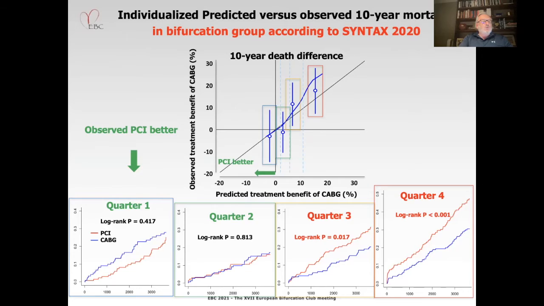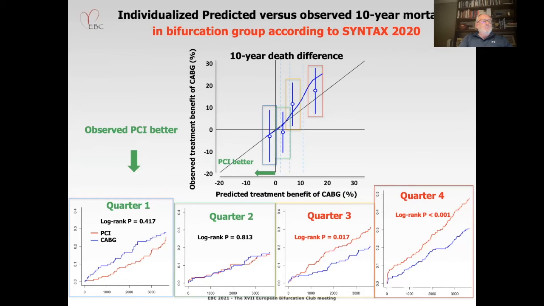In the first quartile in green, the predicted treatment benefit is in favor of PCI, and indeed the observed death difference is in favor of PCI, as depicted by the Kaplan-Meier curves in the first quartile, with a higher mortality after CABG in blue. In the second quartile, there is a perfect equipoise in mortality with Kaplan-Meier curves superimposed.